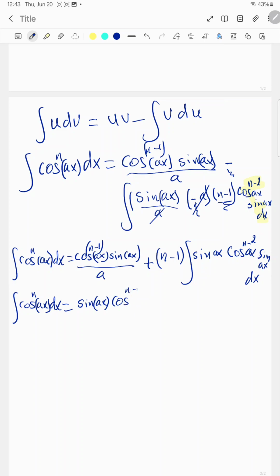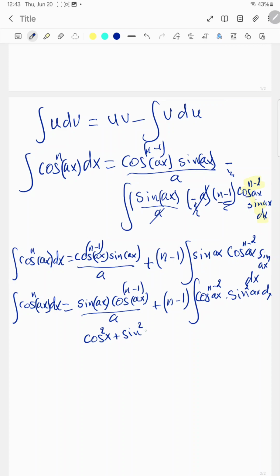cosine n minus 1 ax divided by a plus n minus 1 integral of cosine n minus 2 ax times sine to the power of 2 ax dx. And here I can use the trigonometric identity, which says cosine square of x plus sine square of x is equal to 1.